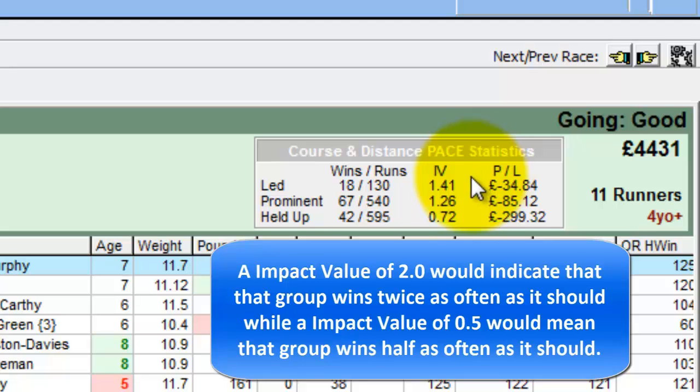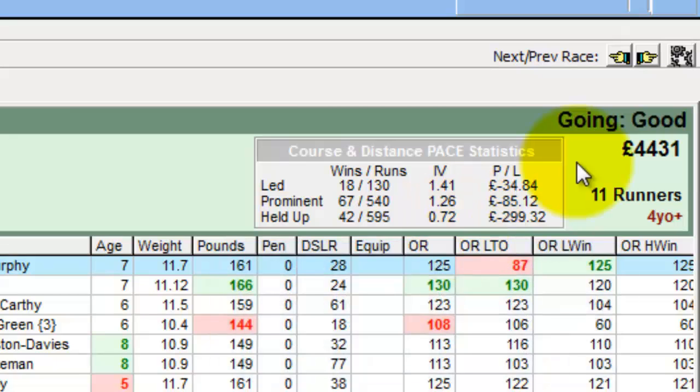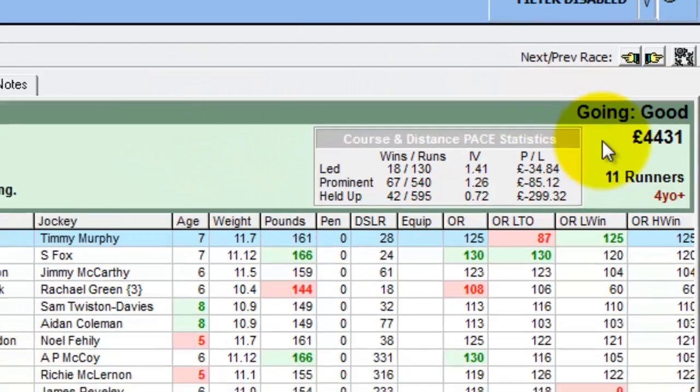Impact values above 1 signify they're winning more often than they should, while below 1 they're not winning as often as they should. So in this case, horses that lead or prominent at this distance do much better than horses that are held up. Every race card and result has a course and distance pace statistics box in the right hand corner of the race header.